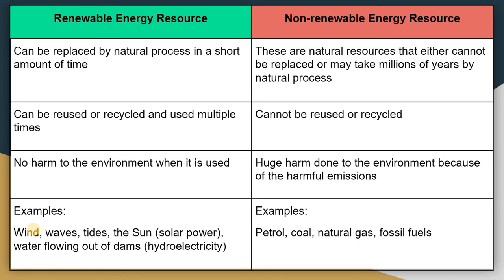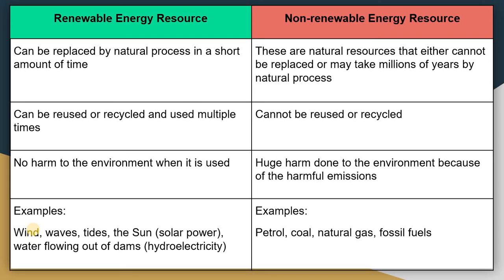But on days where we do not have wind at all, it would not be able to turn the wind turbines, and so no electricity is being generated. So wind energy, in other words, is pretty much depending on whether you have wind in that area.